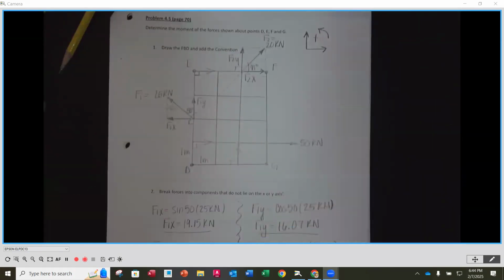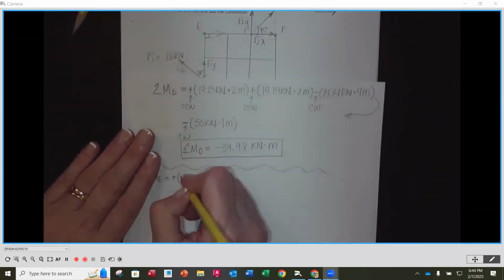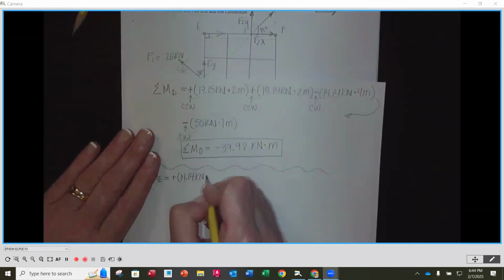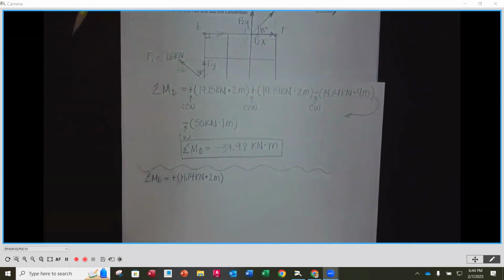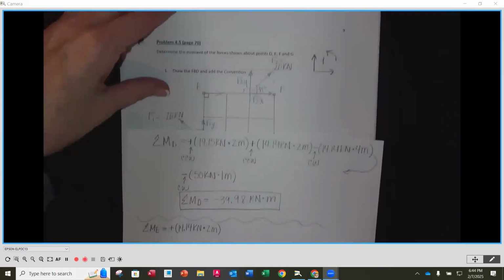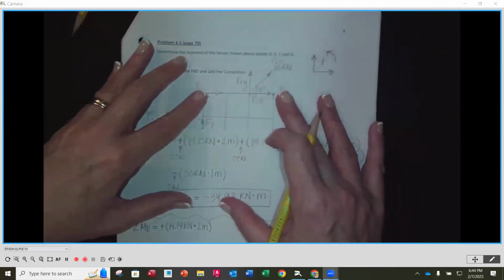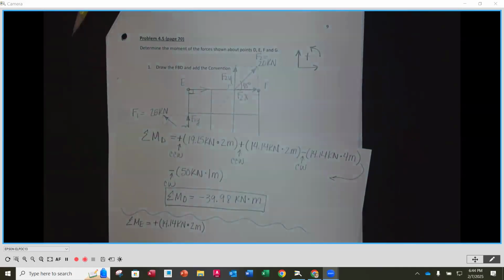F2Y was 14.14 kilonewtons times perpendicular distance, 2 meters. F2x pushes through. It doesn't cause a rotation. No moment for that one.